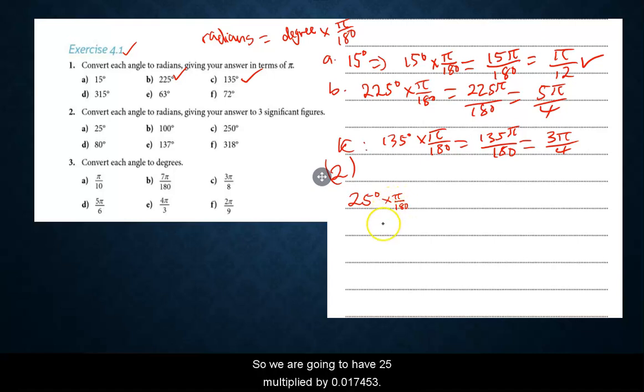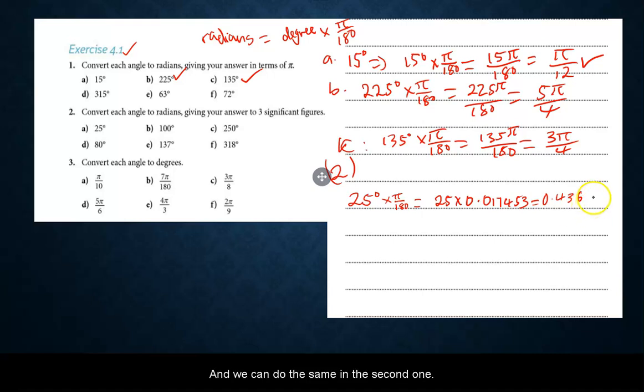So we are going to have 25 multiplied by 0.017453. When you multiply this, this will give you 0.436 rad to 3 significant figures.